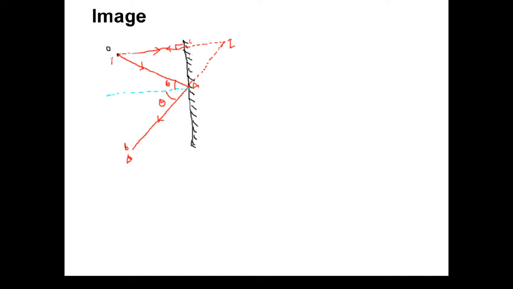Now you can easily prove that triangle OCA and triangle ACI are similar, because you can see they have the common side, the angles are 90° and so on.